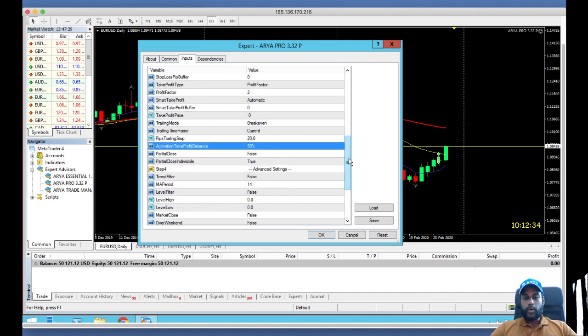When the market is halfway, when the market makes me win 300 points, I want a break-even stop loss. So I put break-even here and I have an activation take profit distance of 50%. So when the market reaches half my take profit level, my stop loss will not be my entry point minus 300 points, but my stop loss will automatically go to break-even. So that's what I want.